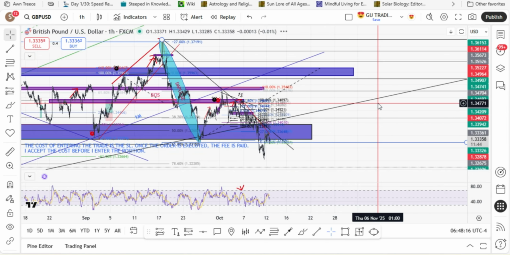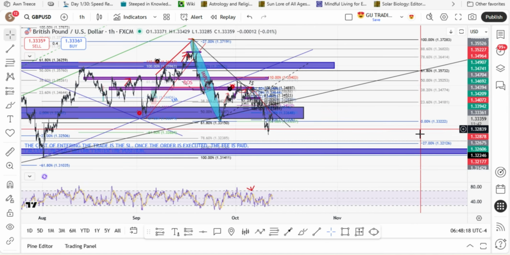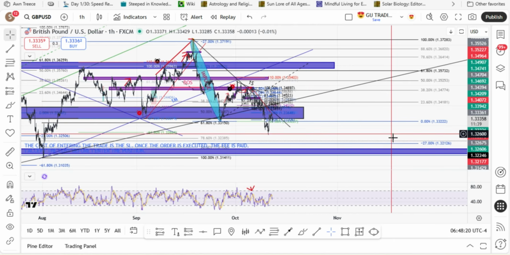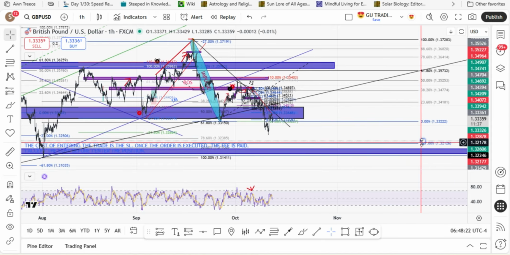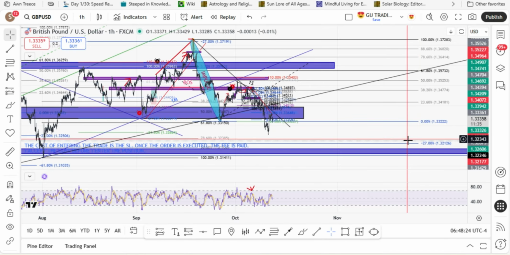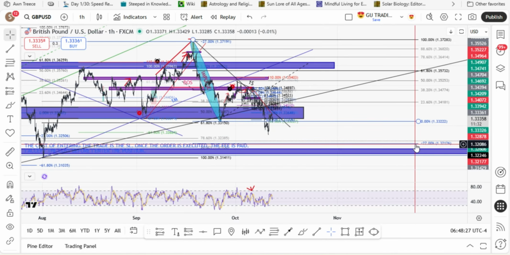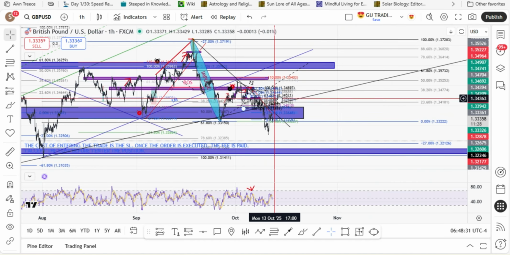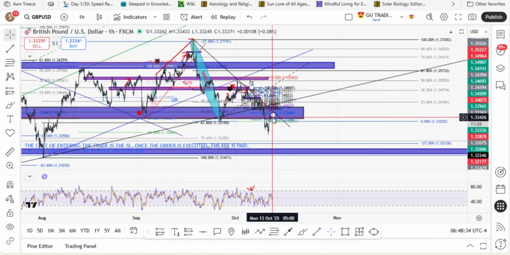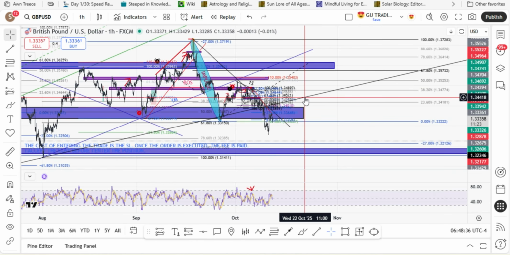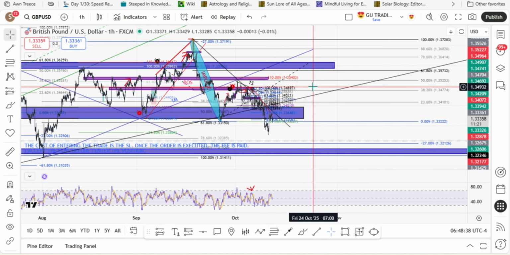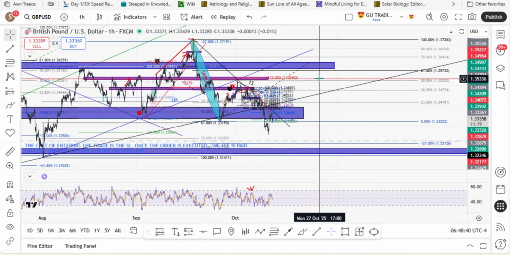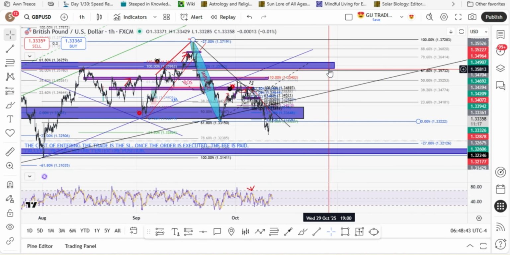So for the larger fib, we're looking at price to go around this area, which is also a foundation area. But again, it could retest this area or this area or this area or this area before continuing back down.